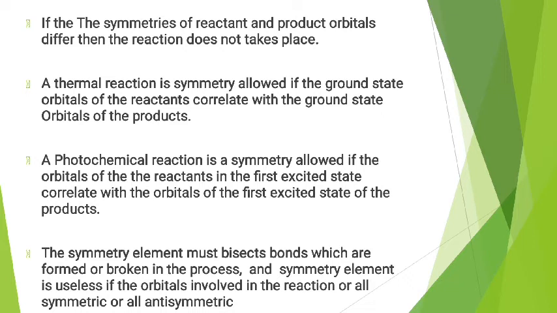So the symmetry element taken must bisect the orbitals which are involved in the bond breaking or bond making. And if they are all symmetric or all antisymmetric, then it is useless to determine the stereochemistry of the product.